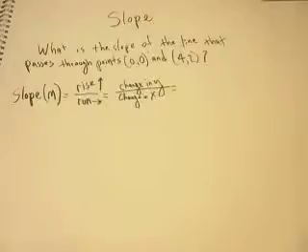Now I'm going to do this slightly differently than perhaps your book. The book usually talks about y1 and y2 and x1 and x2. To me there's too many numbers then. I don't like to do all those numbers.